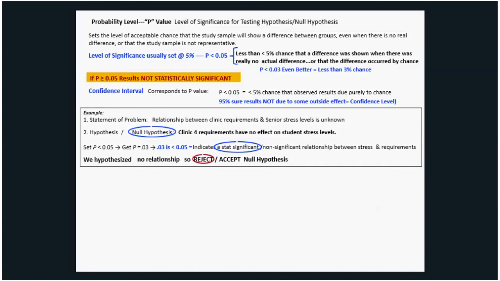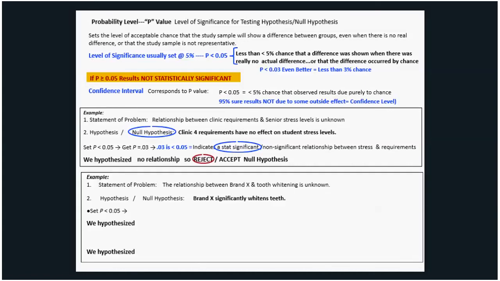And if we had gotten a 0.03 probability level, then we would have accepted the hypothesis because we said there was a relationship. We know if our p-value comes in at less than 0.05, our numbers are showing there is some relationship between what we're looking at. And we said there was a relationship. We said Clinic 4 requirements increase student stress levels. Then we would accept the hypothesis.